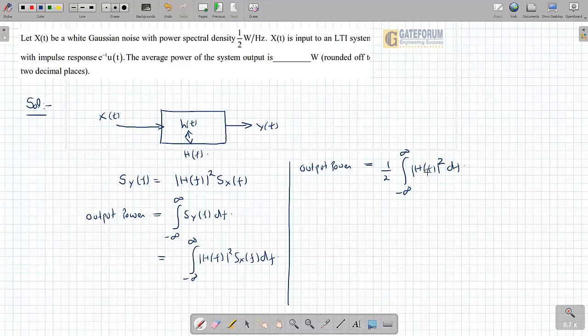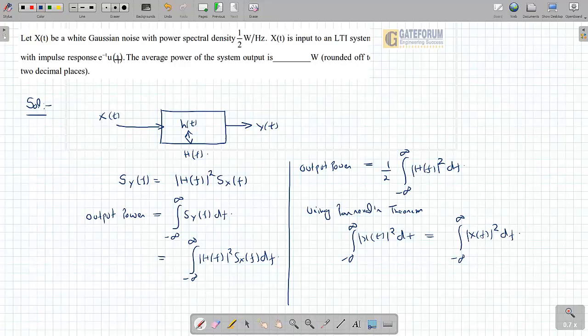Now one principle says Parseval's theorem. Using Parseval's theorem, the integral from minus infinity to infinity of |x(t)| squared dt equals the integral of |X(f)| squared df.